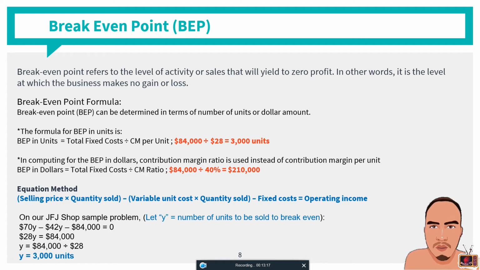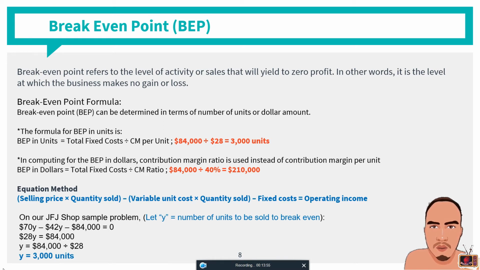So you have no income, no gain, and at the same time no loss. Maybe only tiredness or effort, or some of your time will be deprived from you. But from a business perspective, you break even means your sales are only equal to your capital.